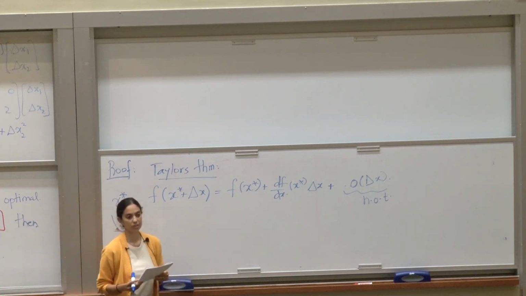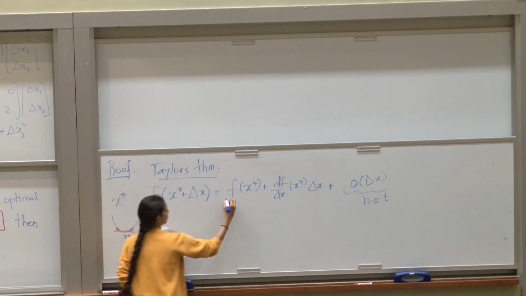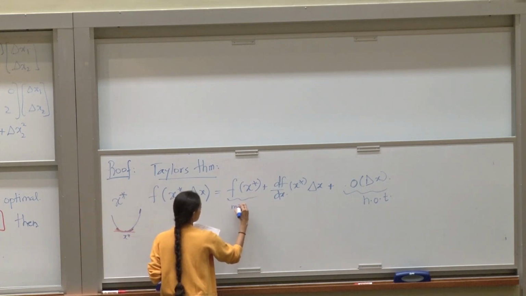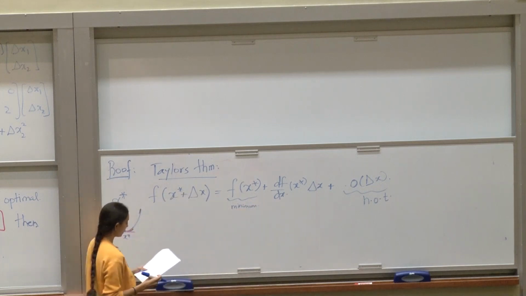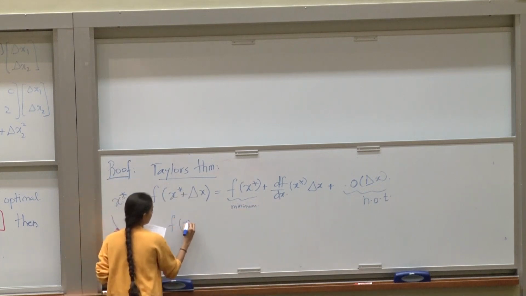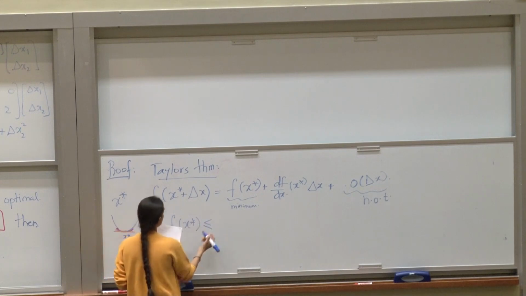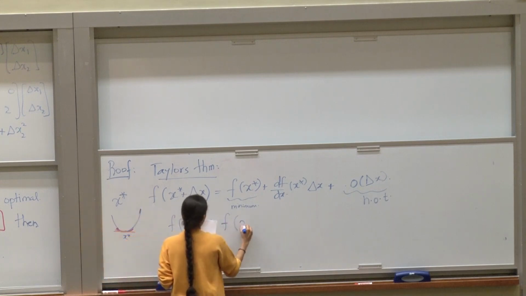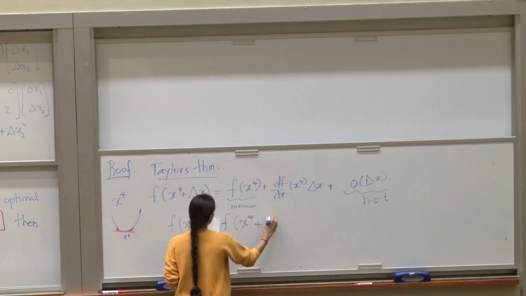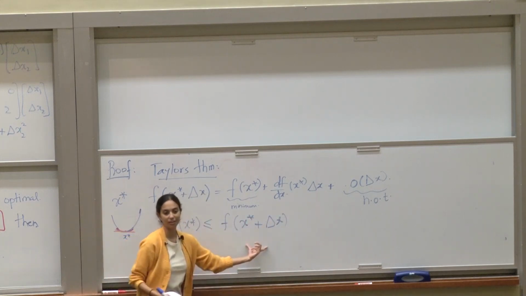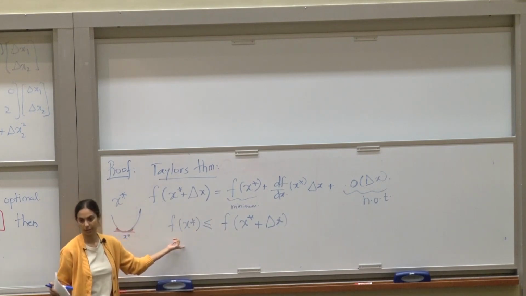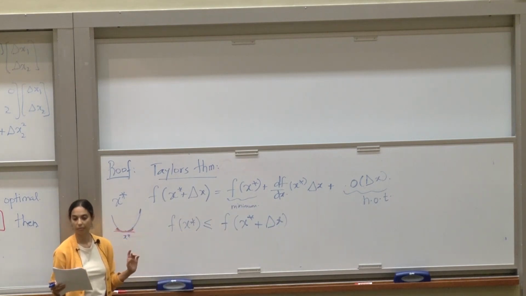I know f of x star is a minimum. This is the minimum. So I can write that f of x star had better be less than or equal to f of x star plus delta x. This is some other value. This is the smallest value. So I can clearly write this. Okay?